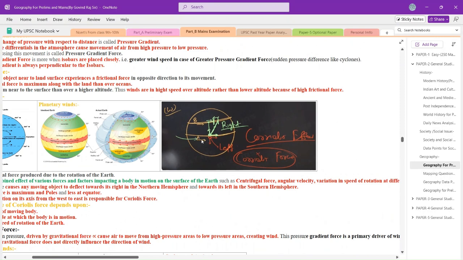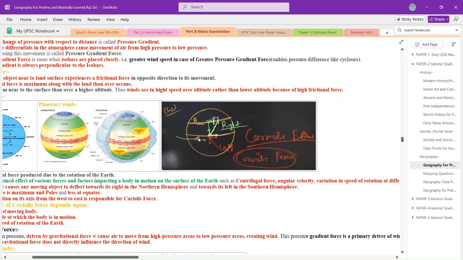Say, for example, we have a body A and a body B. Both have the same angular velocity, called omega. They have the same angular velocity, but along the horizontal portion they have different linear velocity.